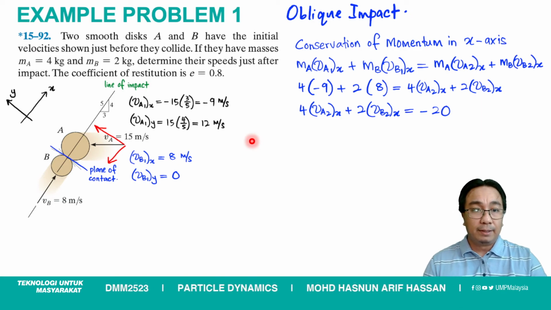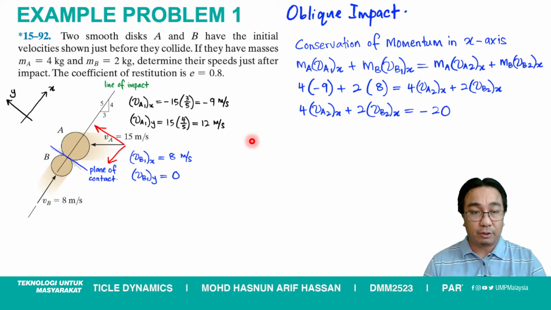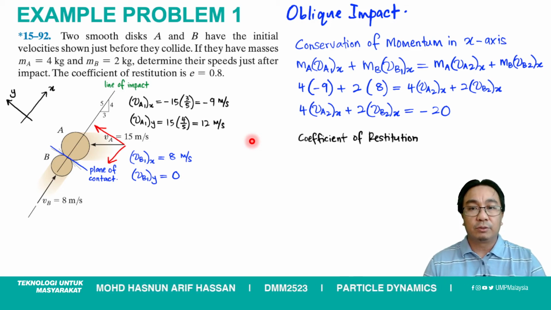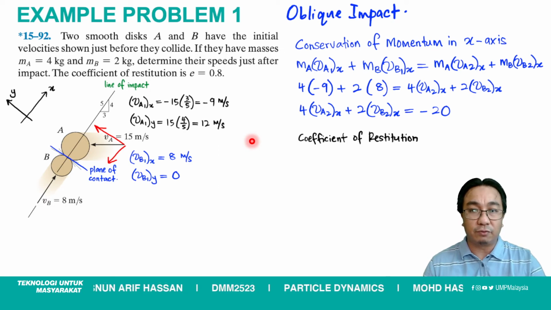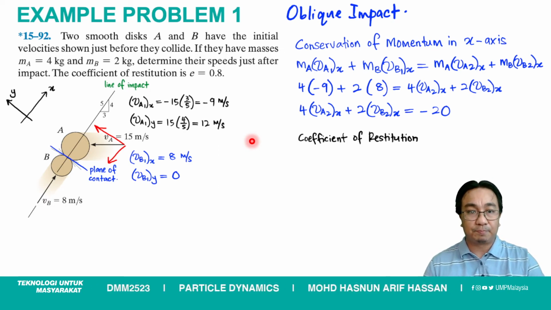All right. We cannot solve the problem yet because we only have one equation, but we have two unknowns. So next we proceed with the coefficient of restitution, also in the x-axis.